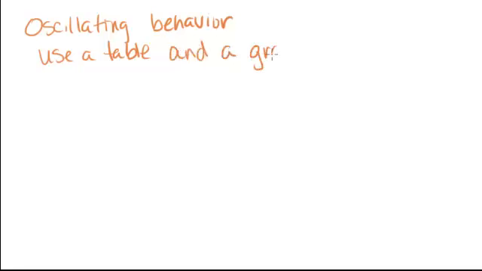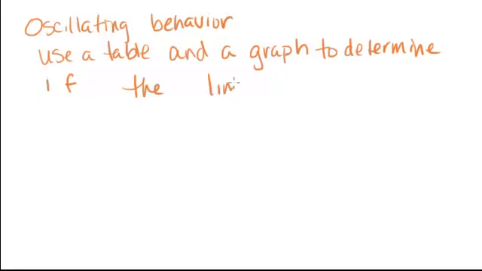I have graphing calculators in the classroom if we need them. To determine if the limit as x approaches 0 of sine of 1 over x exists. So that is your practice one to discuss and talk about, and we'll talk about it in class. See you later.